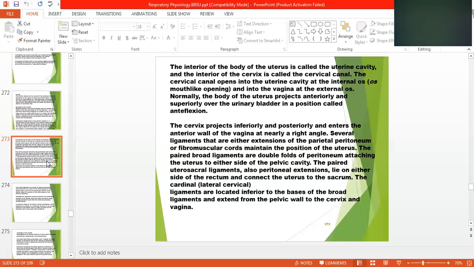The weight is quite heavy, so it is held. The pear-shaped uterus is held by ligaments and muscles attaching the uterus to either side of the pelvic cavity. The paired uterosacral ligaments, also peritoneal extensions, lie on either side of the rectum and connect the uterus to the sacrum.